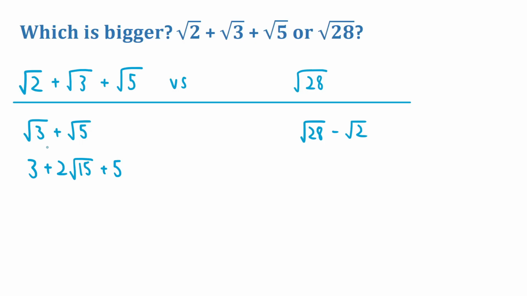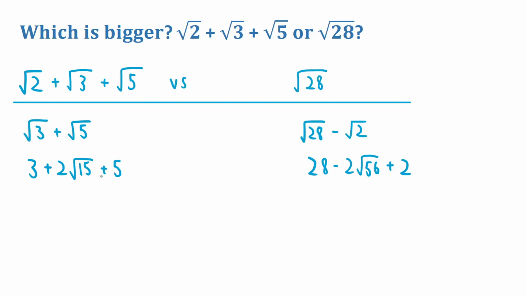So 2 times square root of 3 times square root of 5, which equals 2 square root of 15. If we square the right-hand side, it becomes 28 minus 2 square root of 56 plus 2 using the same method. All we have done is squared both sides, and both sides were positive numbers to begin with, so the inequality sign doesn't change direction.